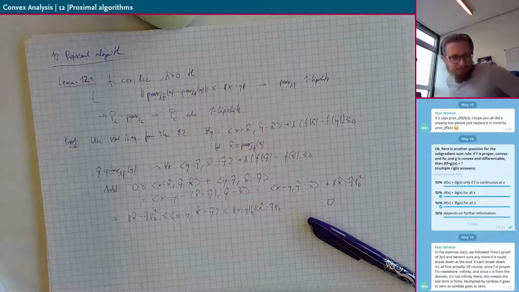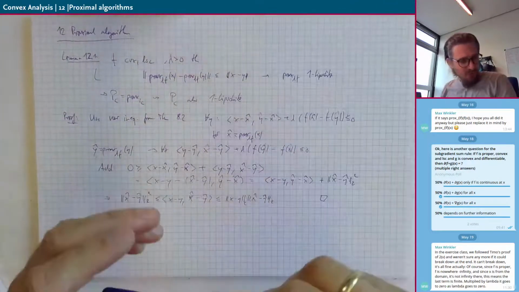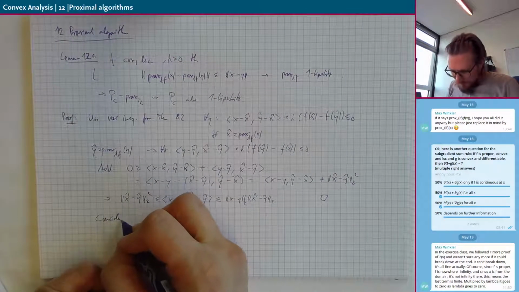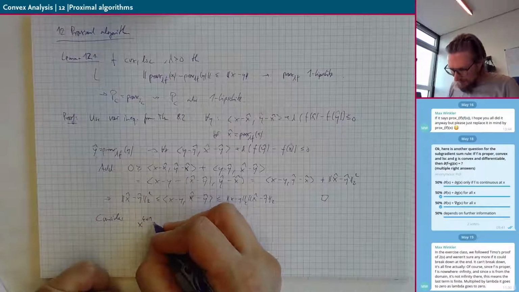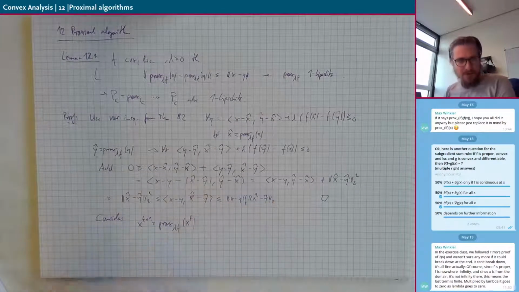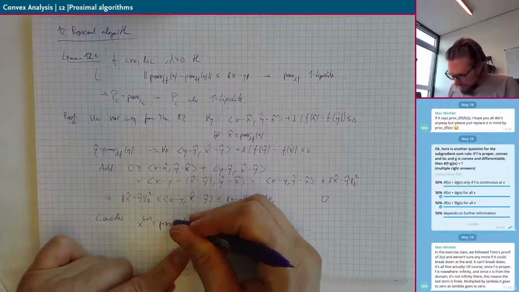Okay, so what? Let's see. Yeah, this is actually one motivation for what one can do. So we consider the following iteration: xk plus 1 is equal to the prox operator of lambda f of xk. And no, in this case I wanted to not use lambda k.